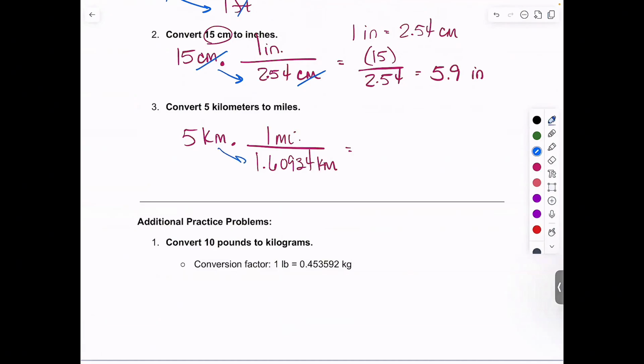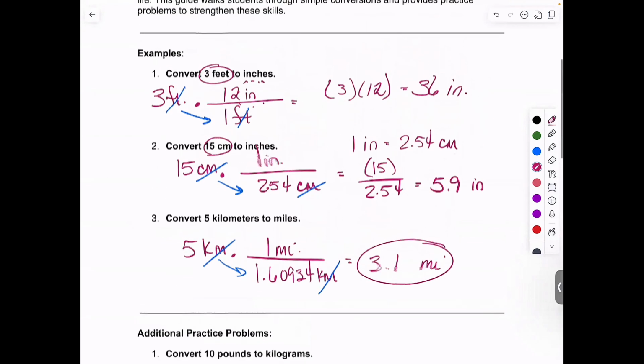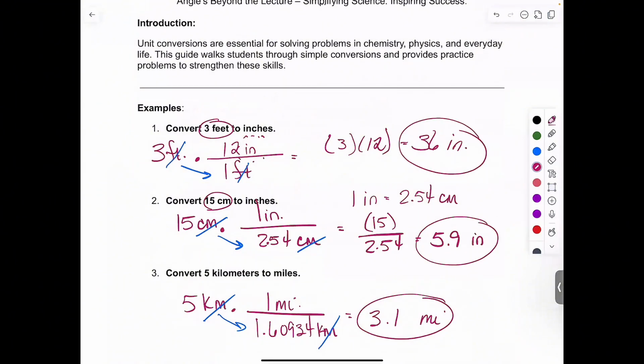So again, I canceled kilometers right away. I'm left with miles on top. So we just have 5 divided by the 1.60934. I get just over 3, I apologize, 3 miles. So 3.1 miles for problem 3, 5.9 inches for the 15 centimeters, and then 36 inches.